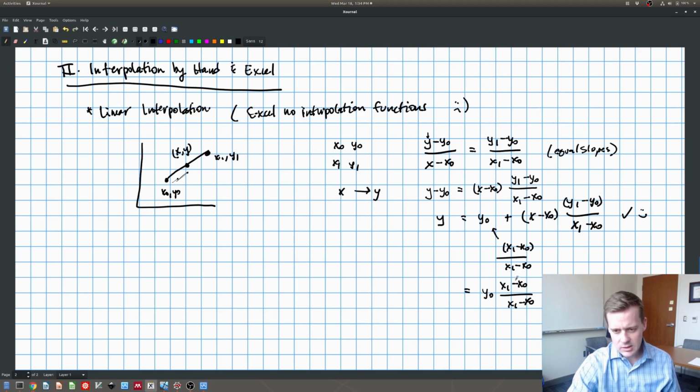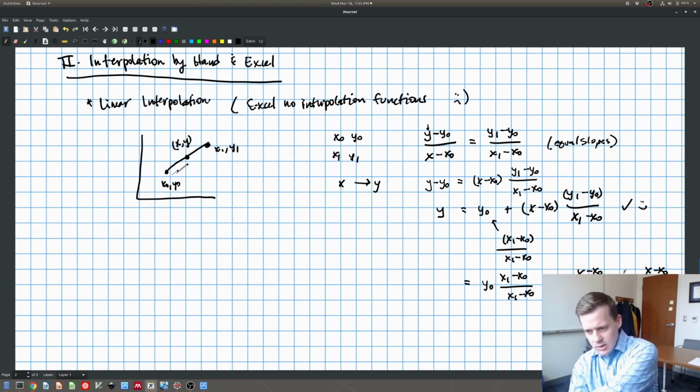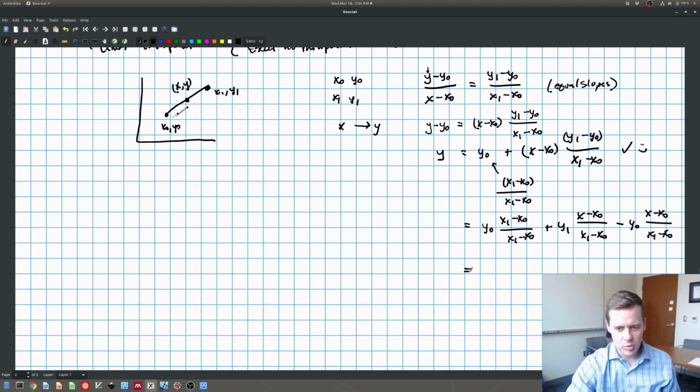So I can get rid of the x0, right? Because I have minus x0 minus y0 x0. So I can get rid of that piece. So I end up with y0 times x1 minus x divided by x1 minus x0 plus y1 times x minus x0 divided by x1 minus x0.